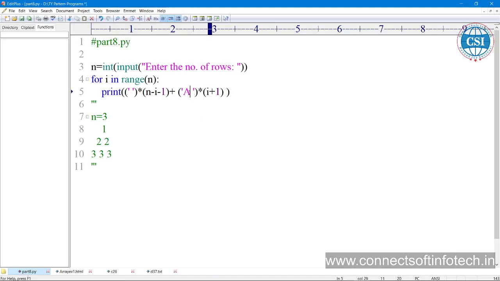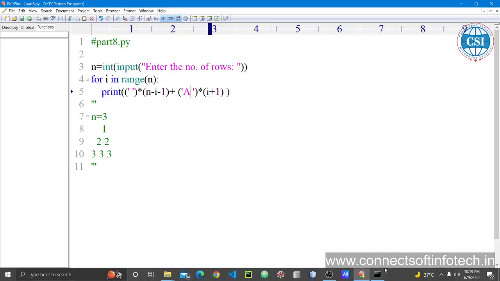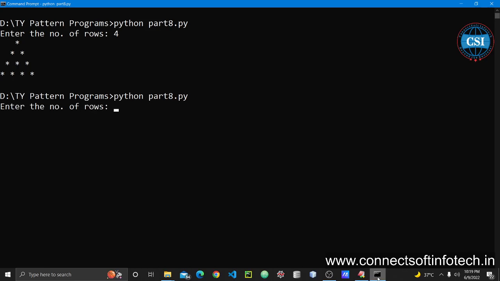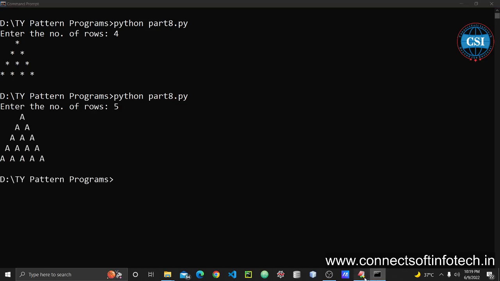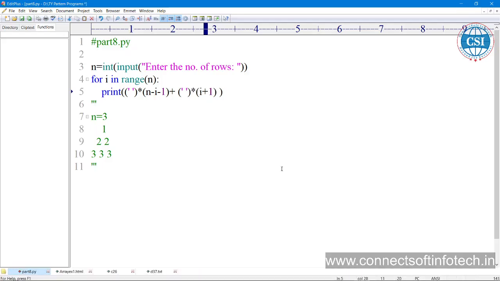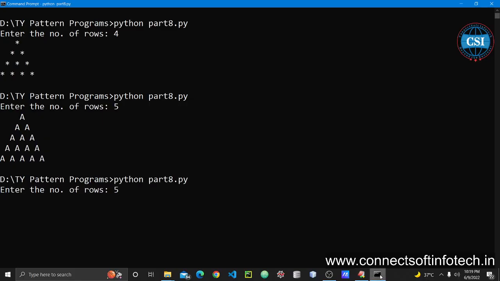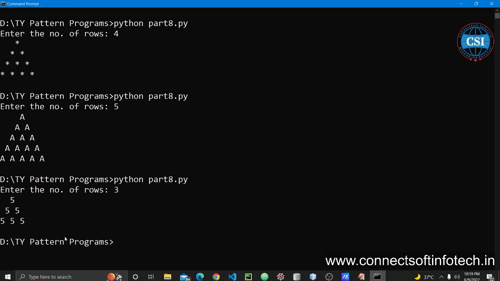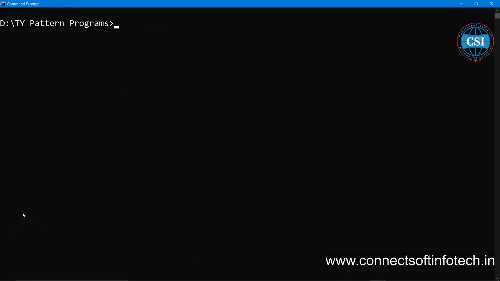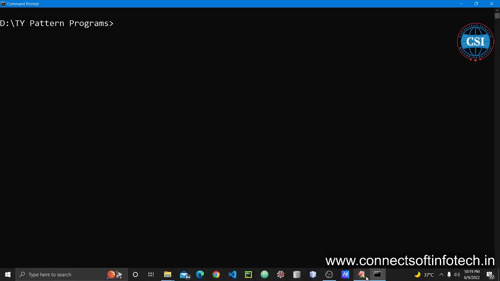Suppose I am writing capital A, you can print that, no problem at all. Suppose I write 5, so 5 is going to be printed. It is treated as a symbol, so 5 5 5 is going to be printed.